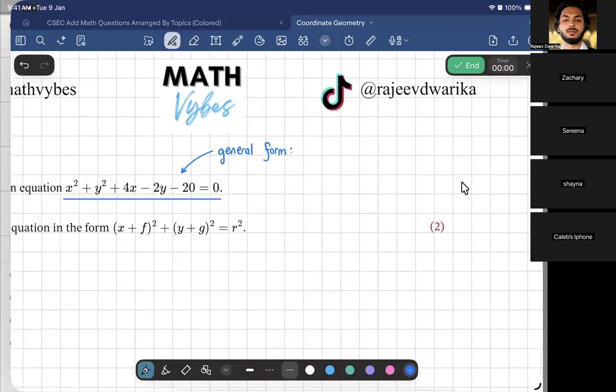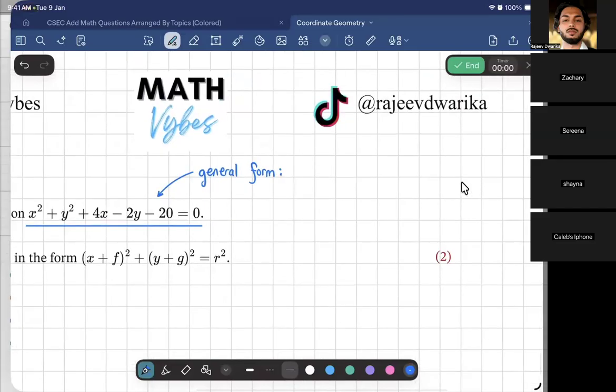What do you remember the general form looking like? x squared plus y squared plus 2 let's see.